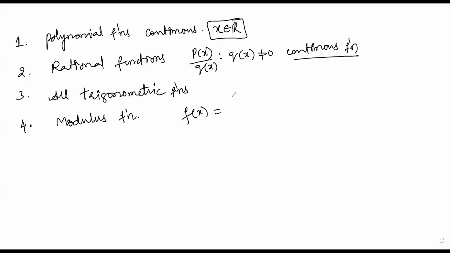f of x equal to mod x. It should be minus x if x is less than 0, or x if it's greater than or equal to 0.